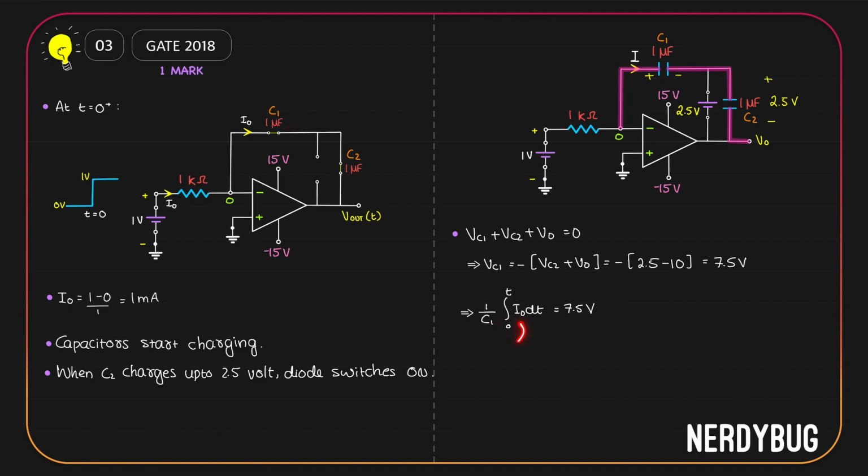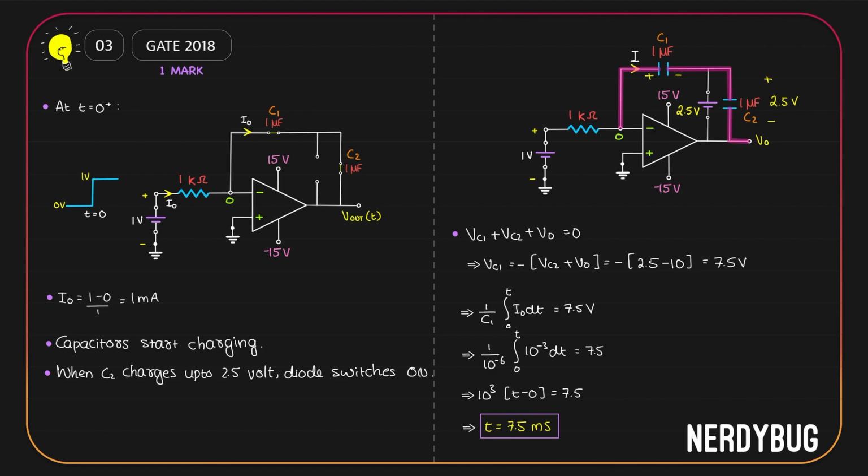We know I naught, we just found it, it is 1 milliampere. Let us substitute the values. 10 to the power minus 3 divided by 10 to the power minus 6 is 10 to the power 3. Integral from 0 to t dt is t, giving the limits from 0 to t. That gives us t is 7.5 millisecond.